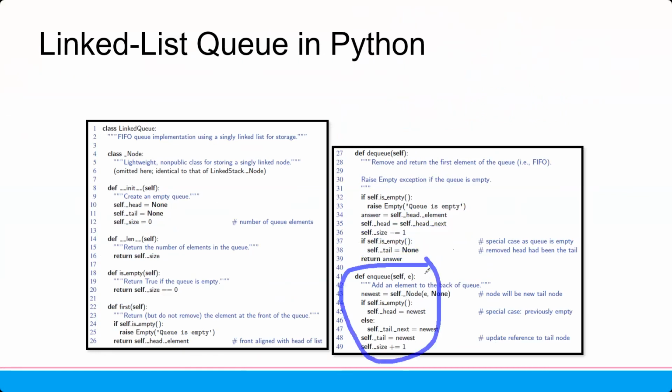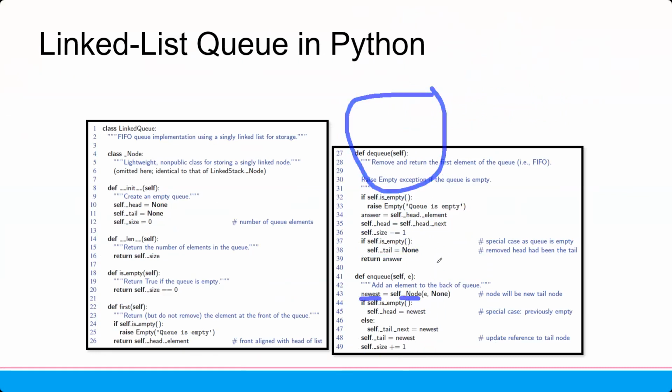Enqueue means I want to insert a new element. The new element means a new object. I'm creating a new node, and the node has the element e and None. None means I do not know the position yet. So I'm creating this and checking whether it is empty or not.